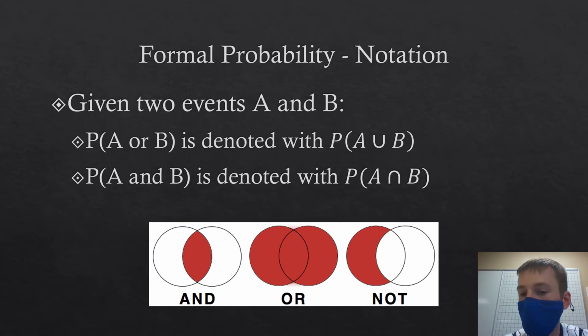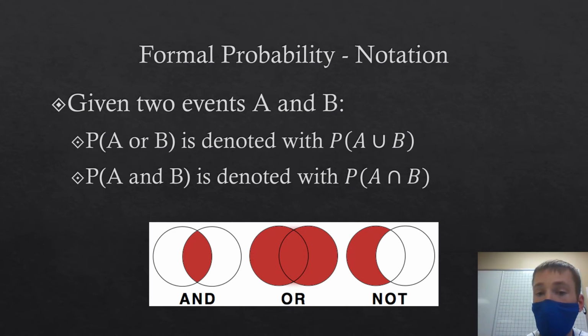Oftentimes, when it comes to probability, we're not dealing with just one event, so we're not just flipping a coin. Sometimes we have two events or even more events. So if we're given two events, call them A and B, maybe it's flipping a coin and rolling a die, then for the probability of A or B, we use the notation of a right side up U, and that stands for OR.